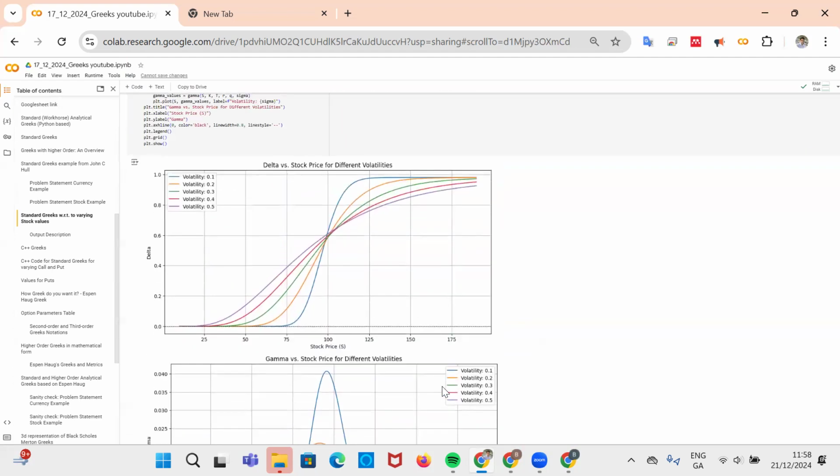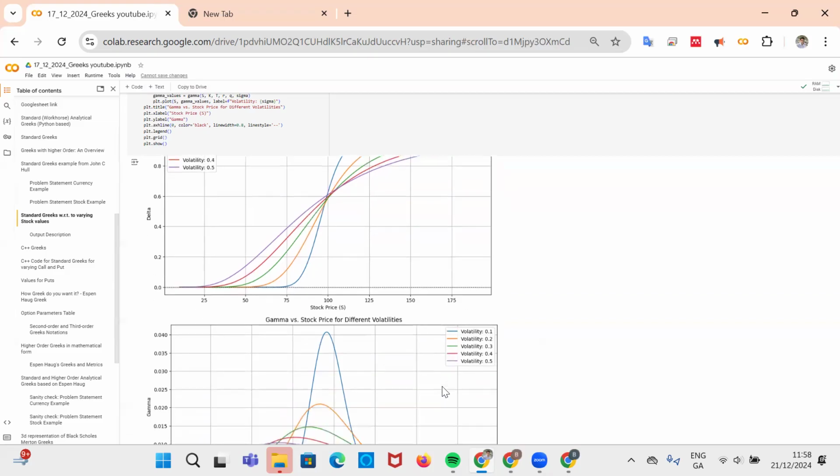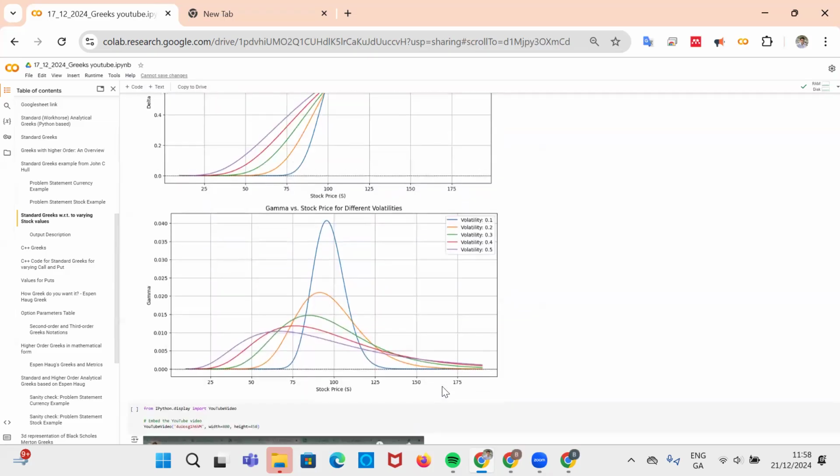So the behavior of delta and gamma is very much conditioned by the volatility, and we'll observe that also for the impact of the maturity on the option as well. Okay, so let's leave that there.